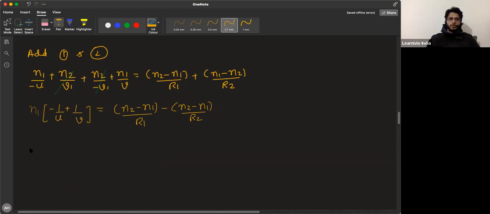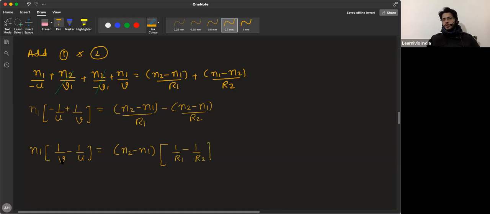We can write this as N1 times 1 by V minus 1 by U. In both the equations, you can take N2 minus N1 as common, and this is 1 by R1 minus 1 by R2.